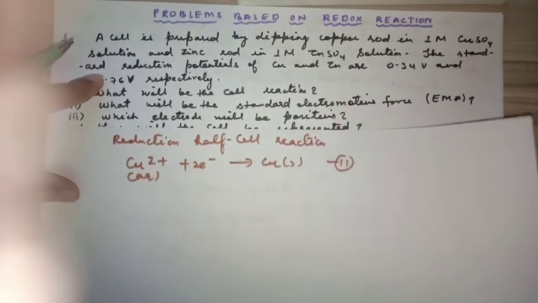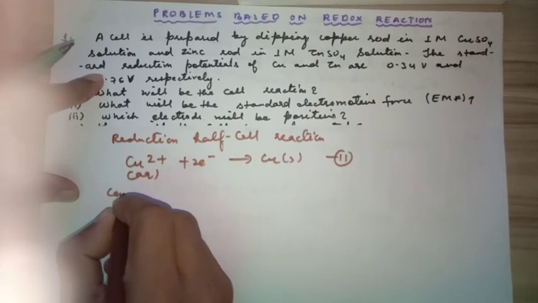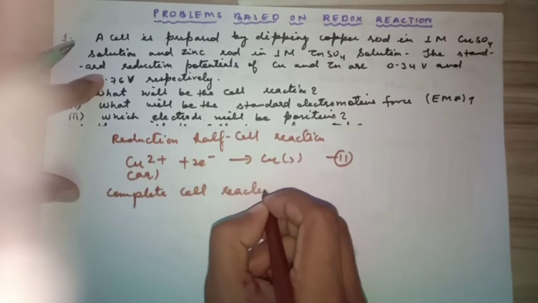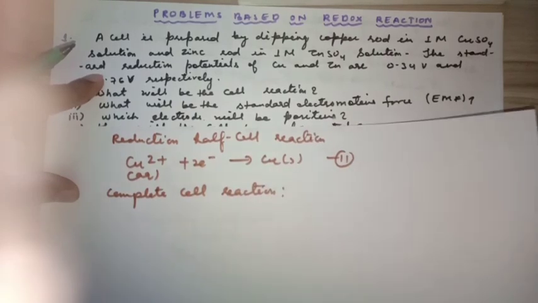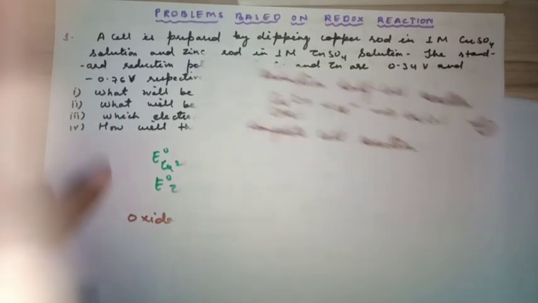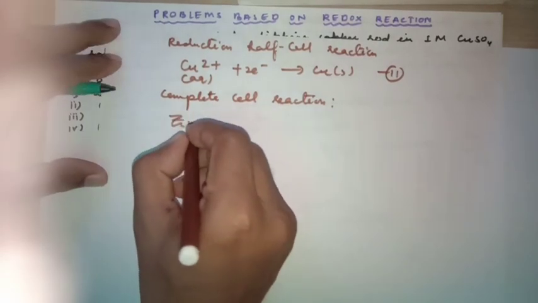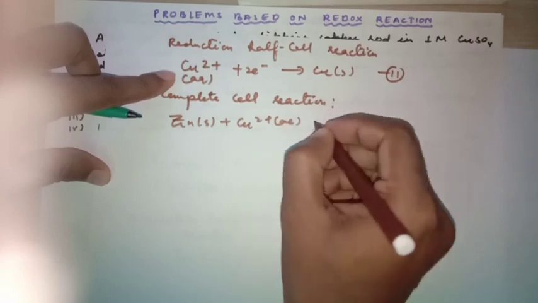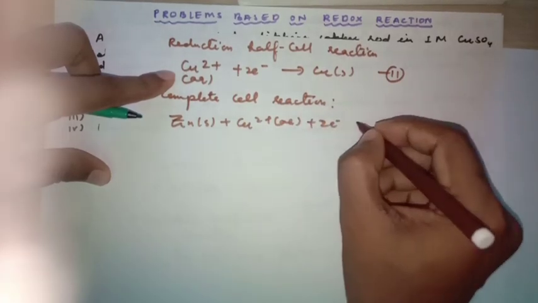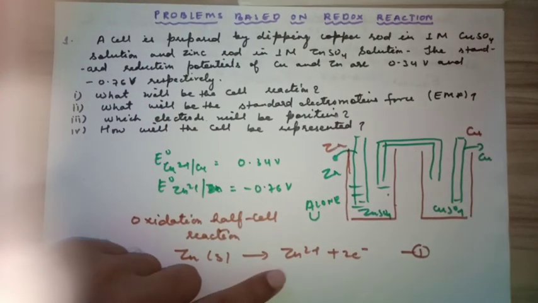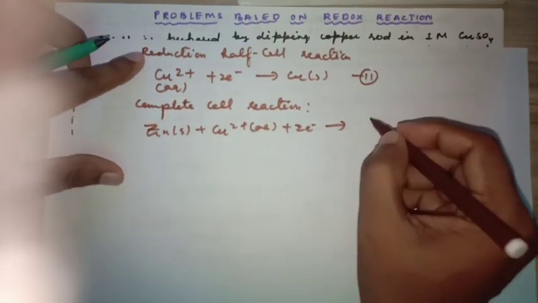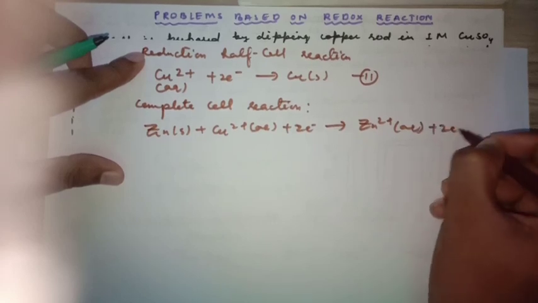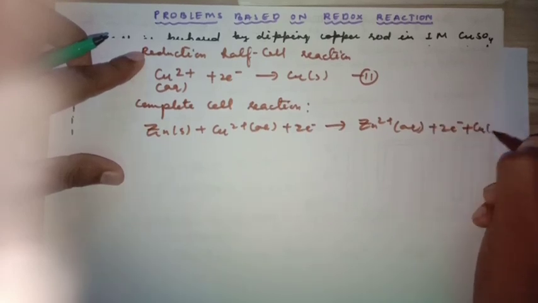Now we have to add both for the complete cell reaction. So we'll be writing Zn solid and then Cu2 plus aqueous plus 2 electrons, and this will give us Zn2 plus aqueous plus 2 electrons, and then copper solid.